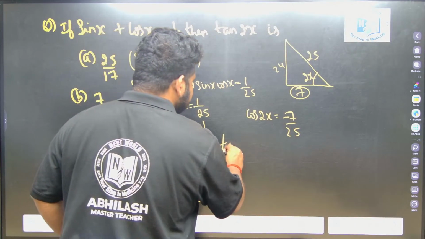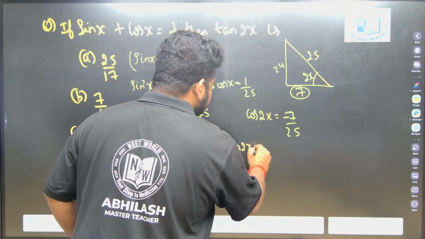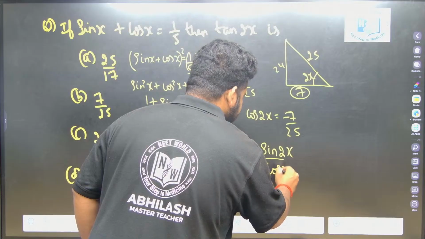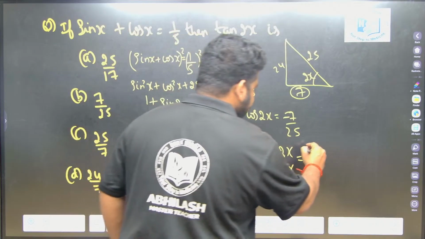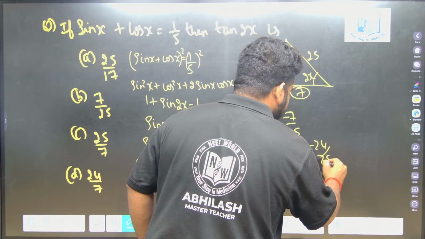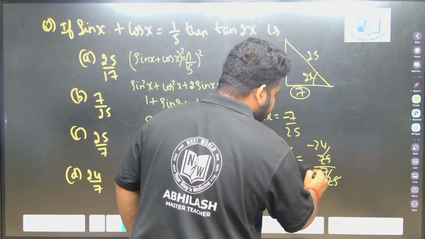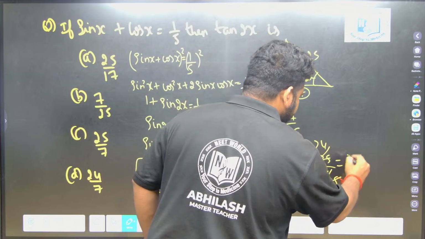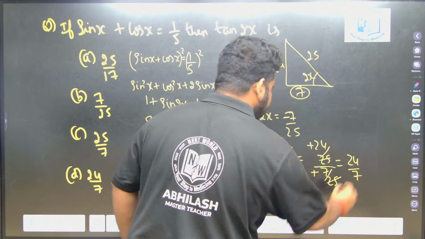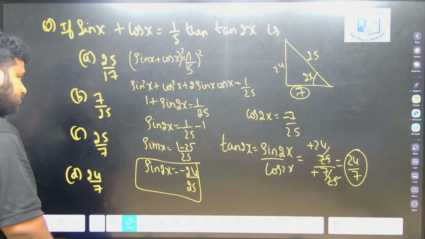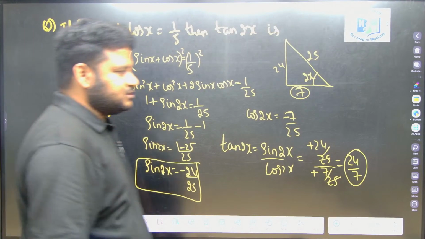So tan 2x is equal to sin 2x by cos 2x, which is minus 24 by 25 divided by minus 7 by 25. 25 cancels, minus will become plus. So 24 by 7. So tan 2x is 24 by 7, which is option D. That is option D, friends.